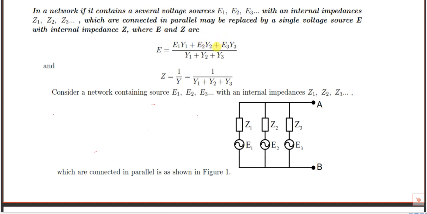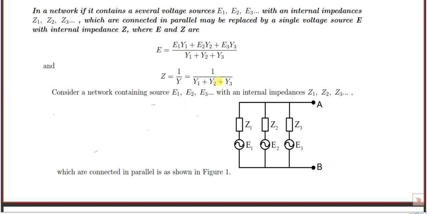Instead of impedances, you can also write: in an electrical network, if it contains several voltage sources E1, E2, E3 with internal resistances R1, R2, R3 which are connected in parallel, they may be replaced by a single voltage source E with internal resistance R, where E and R are given by that.